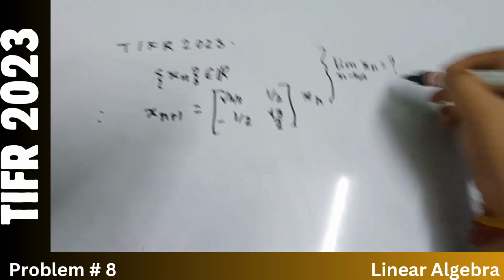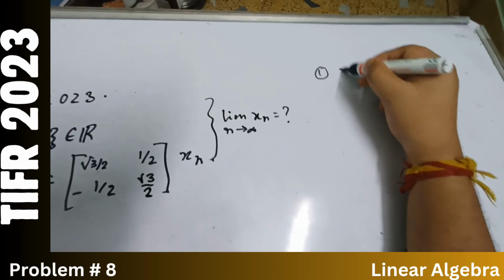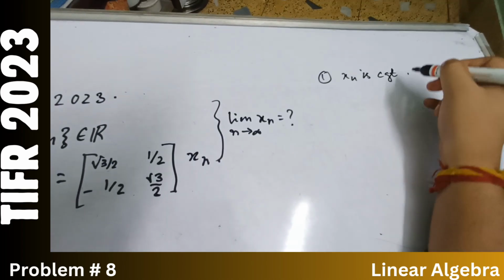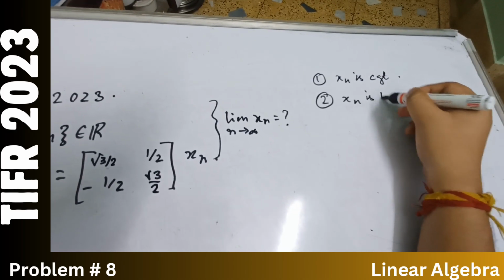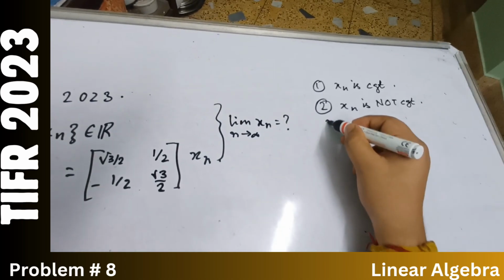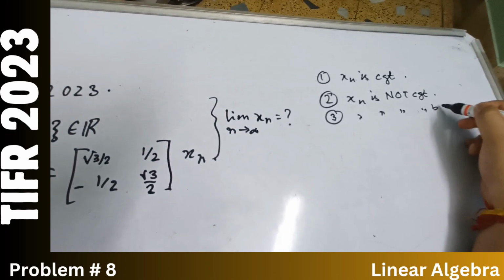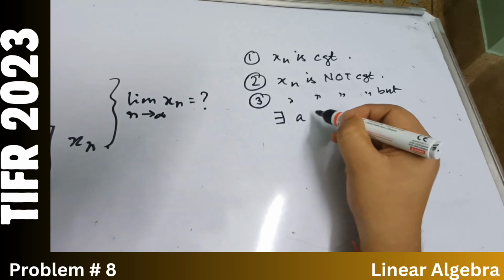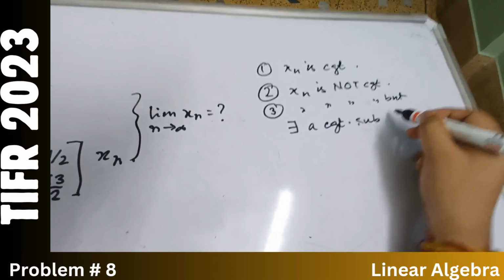There are four options given. Number one, xn is convergent. Number two, xn is not convergent. Number three, xn is not convergent, but there exists a convergent subsequence.